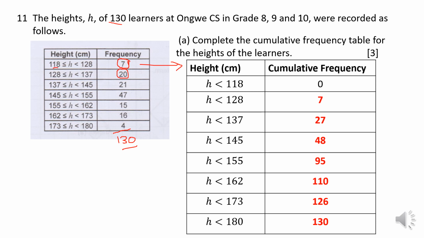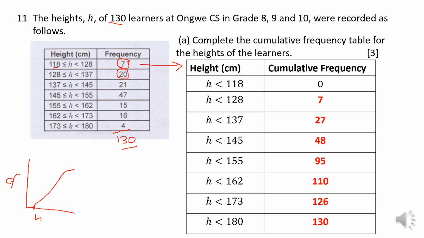So 118 will be where we start. If we have the cumulative frequency here and the heights here, we will start our graph somewhere here, and that is how the ogive will go. We can't start at 0 because there are no people who have a height of 0, and a height of 0 obviously doesn't make sense.